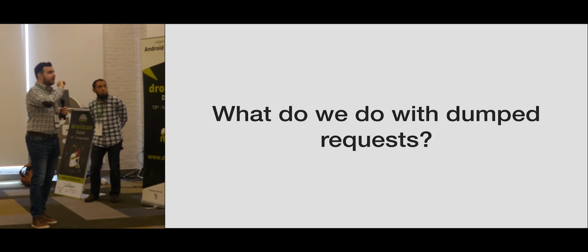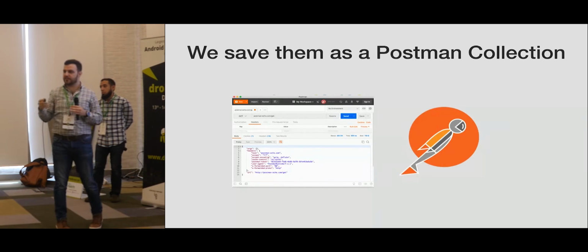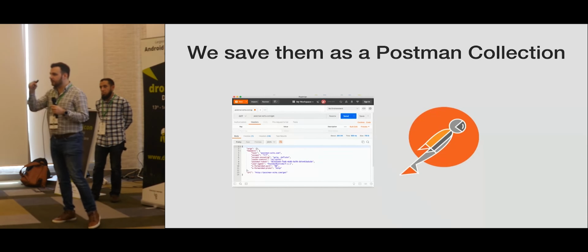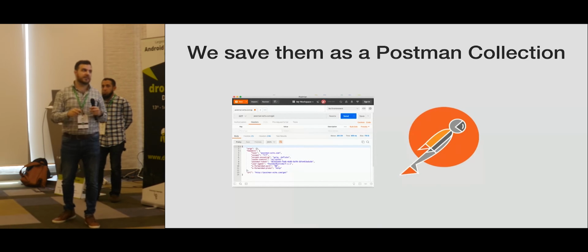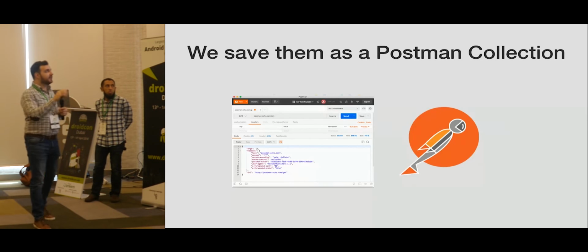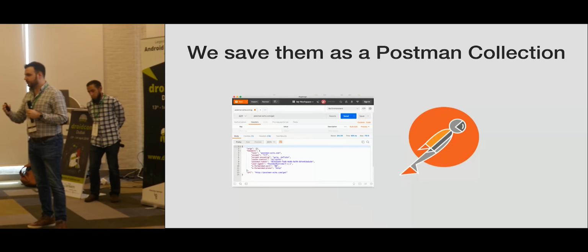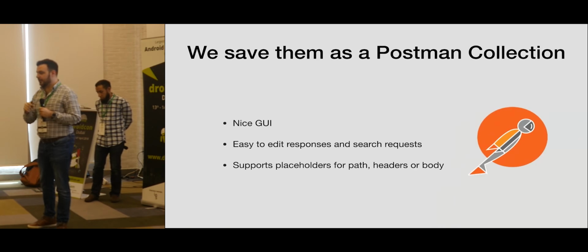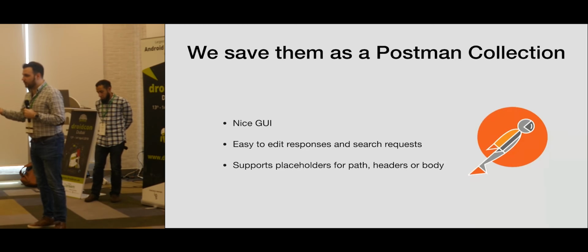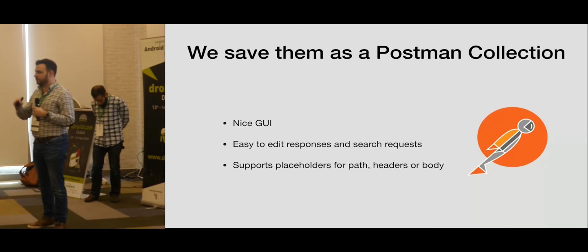Now, what do we do with these dumped requests? Do we still need to manually do the mapping? Not really. What we did is save them as a Postman collection. Postman is a very nice, simple tool that allows you to test API calls, modify them, and so on.